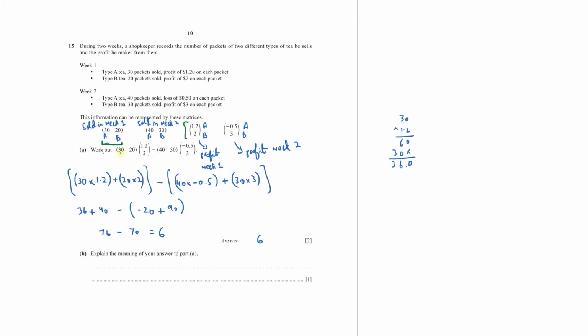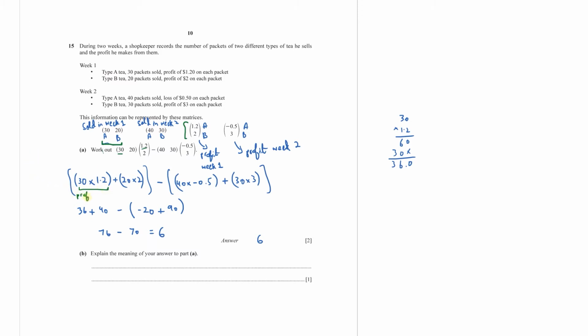So you're multiplying this 30 here with this 1.2. You're making a $1.20 profit on each packet sold, and you sold 30 packets. So this is the total profit made from type A tea in week 1.